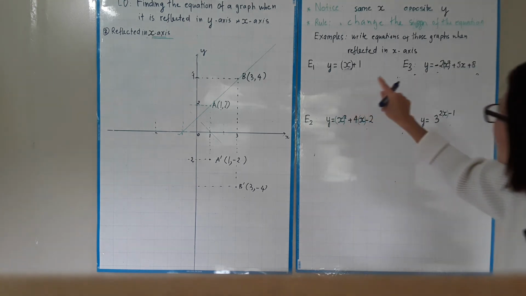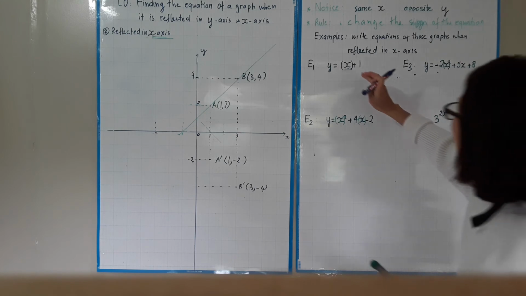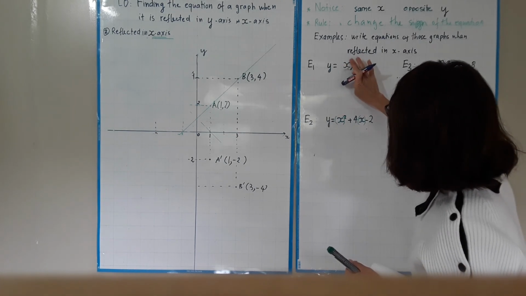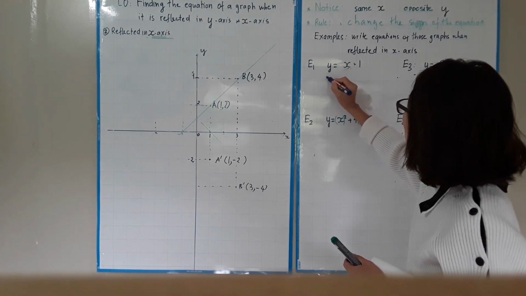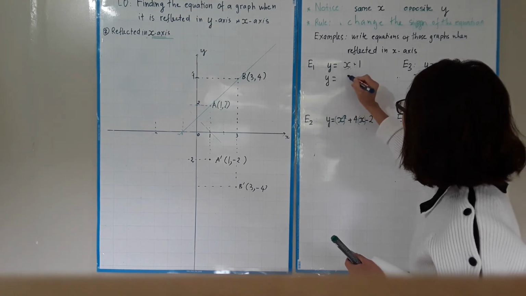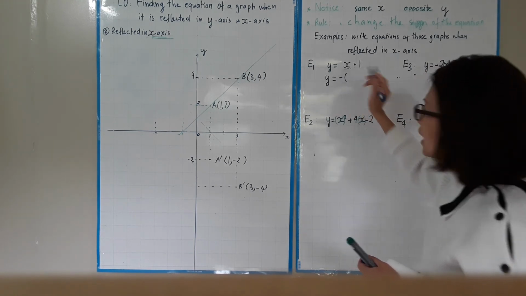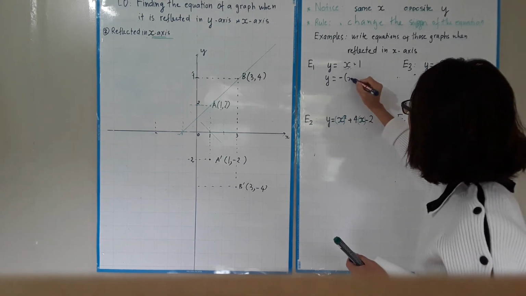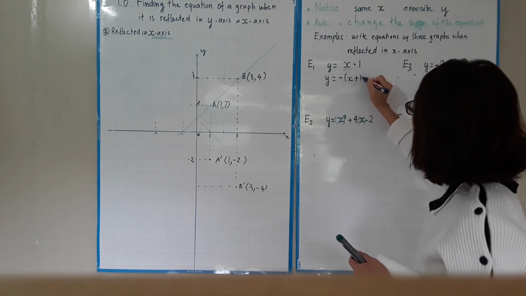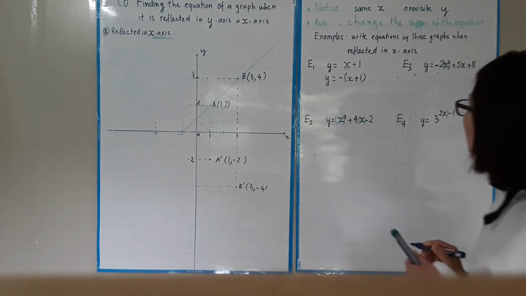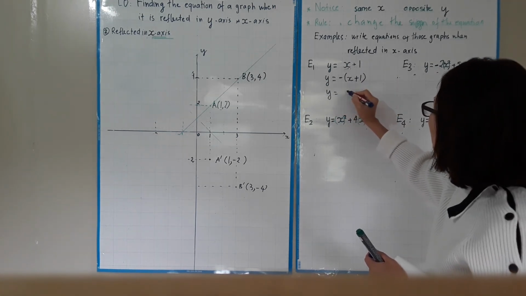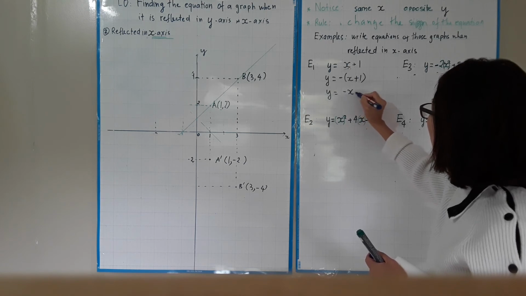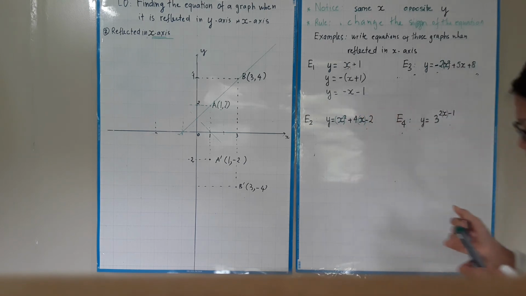We have y equal x plus 1. Okay, now I don't need the bracket anymore. You change the sign to be y equal negative, whatever you have here, plus 1. You can simplify it, so it becomes y equal negative x take away 1.